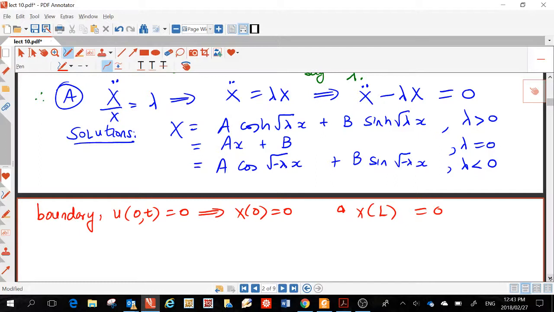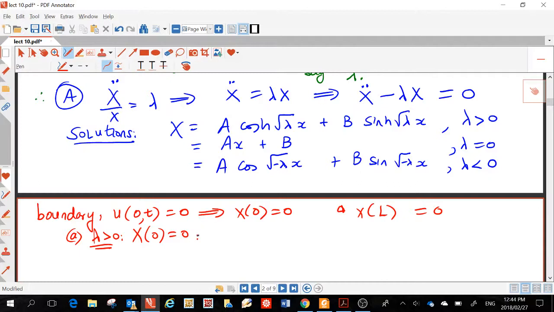So we'll do it in three parts. Let's take A. Let's take the part lambda more than 0. So if we invoke x of naught equals naught, plug in naught here. I'm changing x into naught. X of naught equals naught.